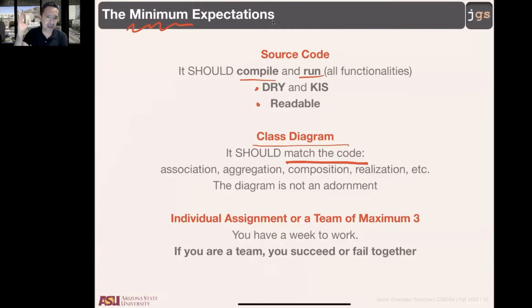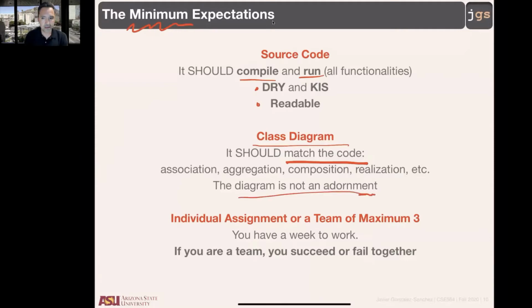We have been talking a lot about this. So this time, my expectation is finally, we get source code and class diagram that match. They are the same. If you are using association, the code has association. If you have diamonds, the code has composition or aggregation, and so on. They match.